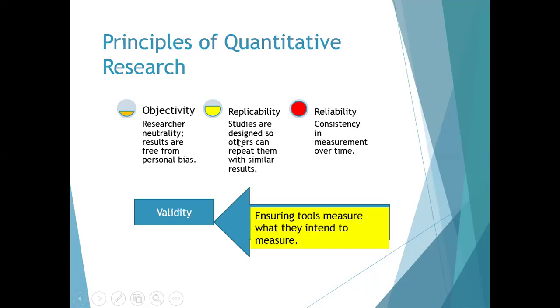The studies are designed so others can repeat them with similar results, okay? Reliability, consistency in measurement over time. So that's a principle. And also validity. Instruments should measure what they intend to measure, okay?